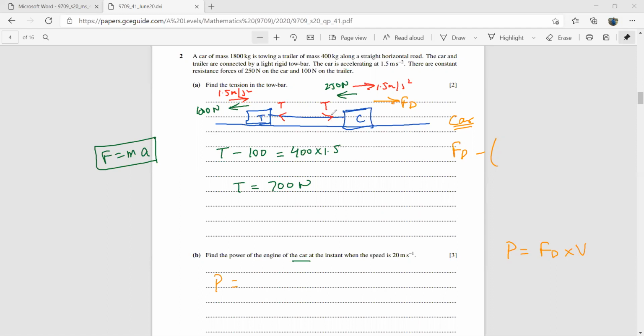One is the tension in this tow bar, this one, okay? And second there is the resisting force. So this is going to be FD minus this T. We have already calculated that T, which is 700, plus there is this 250, and that is equal to ma. The mass is 1800 times 1.5.